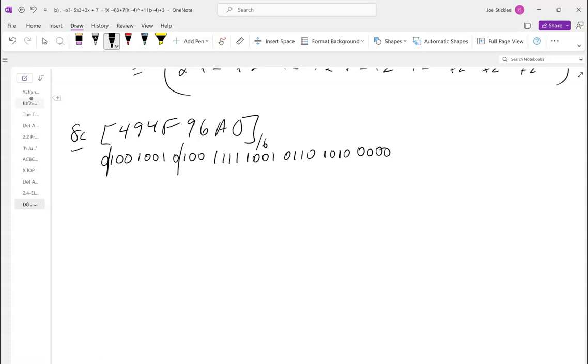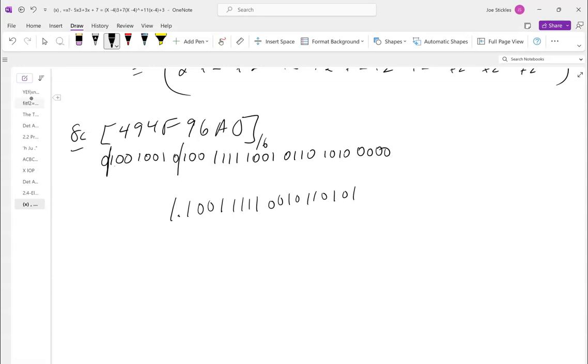So for the first part of your scientific notation, not worrying about the exponent part, what do we have? The 1 point, all that stuff, right? So 1 point, 1, 0, 0, 1, 1, 1, 1, 1, 0, 0, 1, 0, 1, 1, 0, 1, 0, 1, and then stop because the rest are zeros. Assuming I wrote them down correctly.